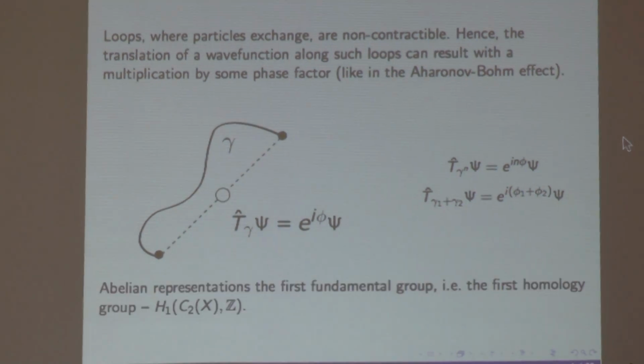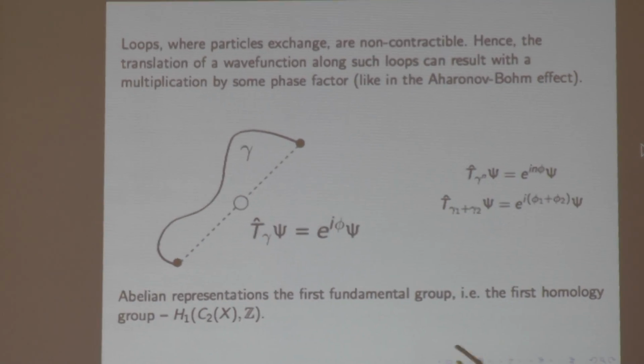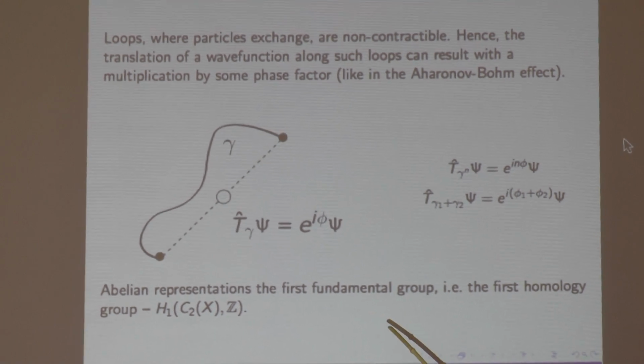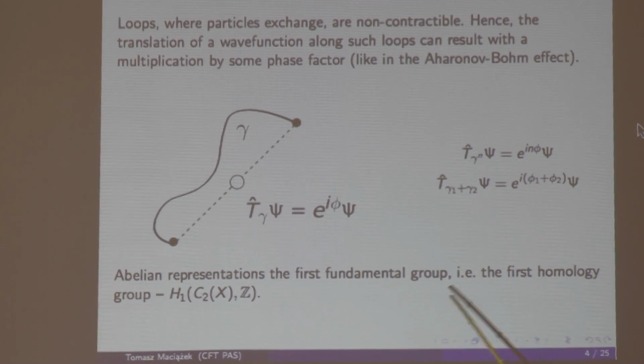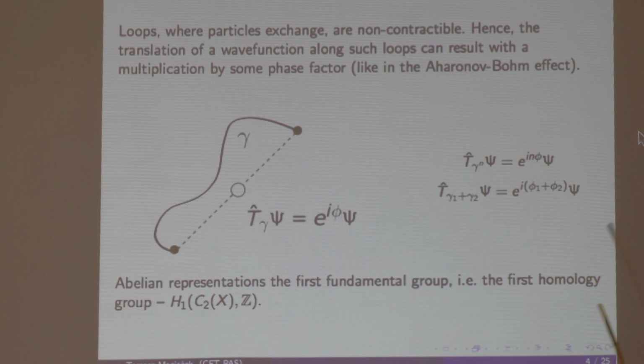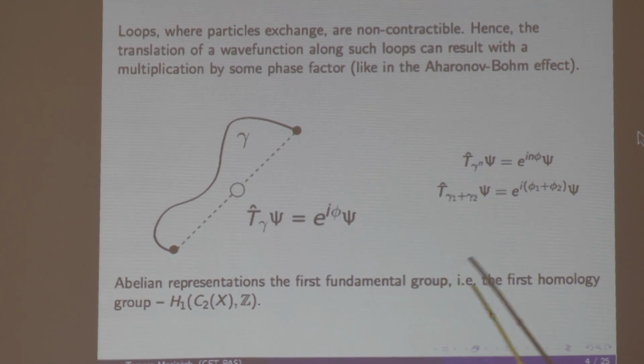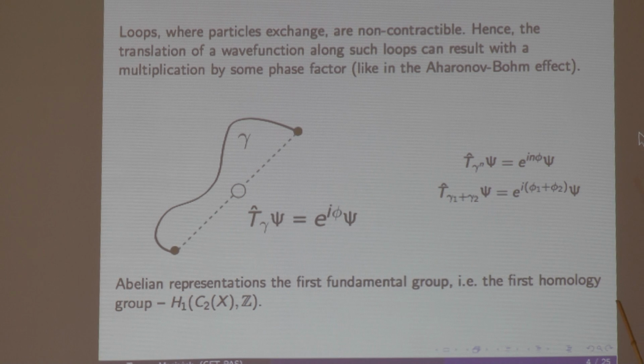In mathematical terms, precisely, you are interested in abelian representations of the first fundamental group. The first fundamental group is simply a group of loops, and this is exactly described by the first homology group.